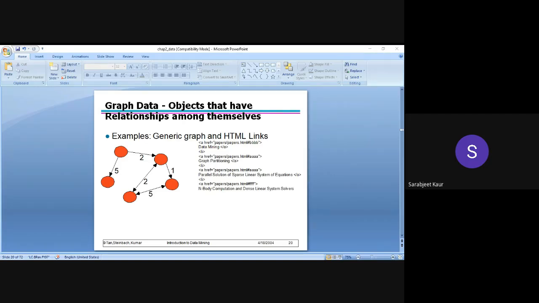So you see that now not just these people themselves are important, the links start giving us much more interesting information, right? So the linkages or the relationships between the objects are also very important, right? So in such cases, graph data becomes very instrumental.